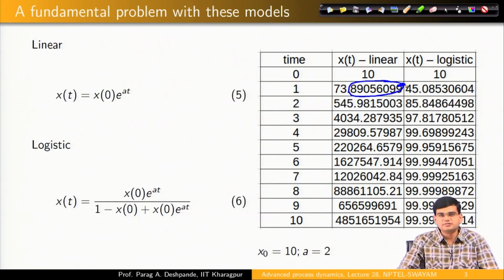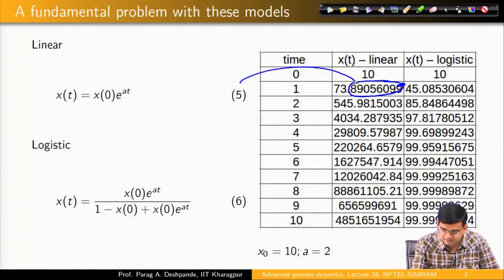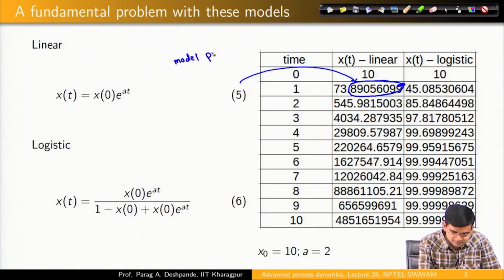73.89 and so on, because this is the model predicted population. This is the model predicted population.